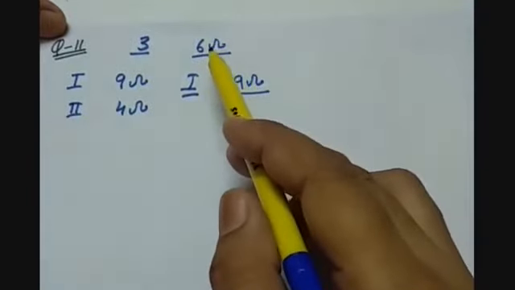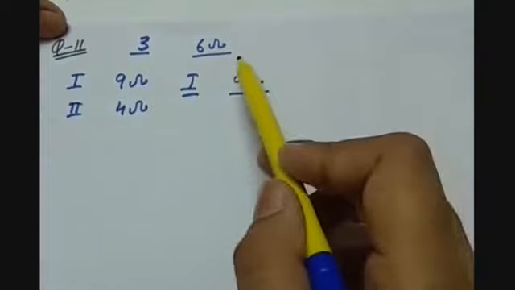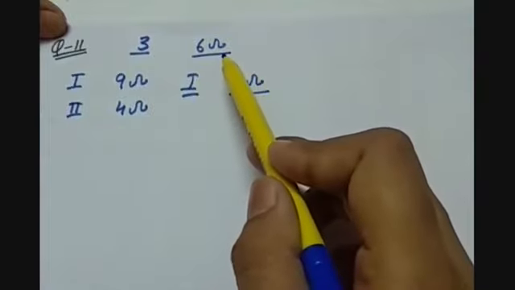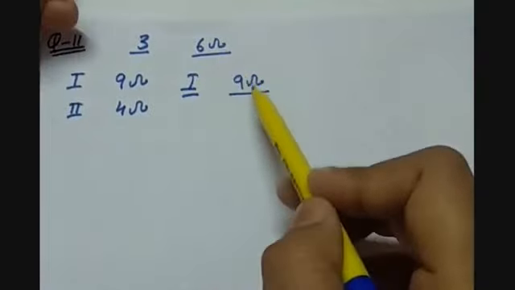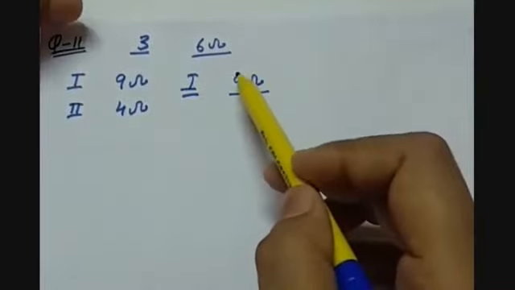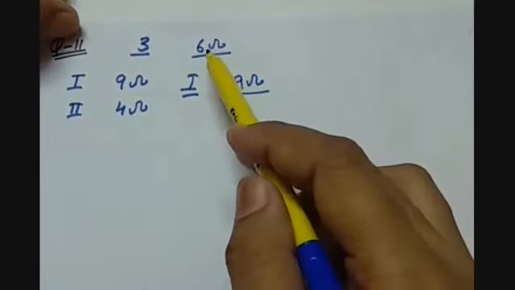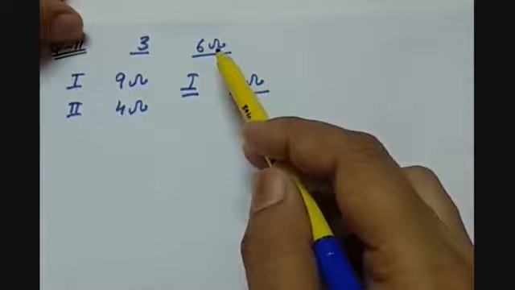We know that in series, we directly add up the resistances to get the equivalent resistance. So if we have to get 9 ohm, we cannot directly add up 3 six ohm resistors, because that will give a value 18.